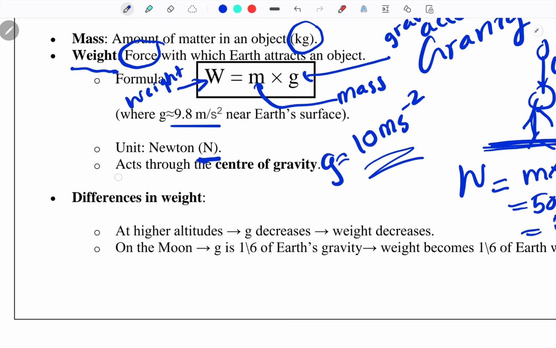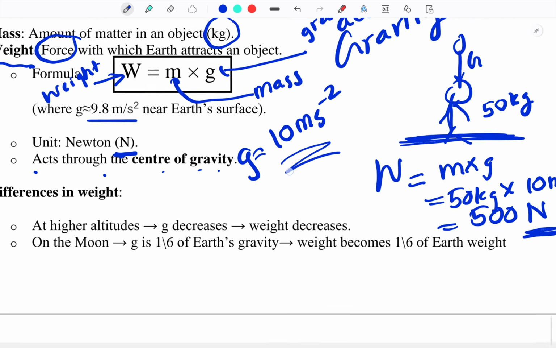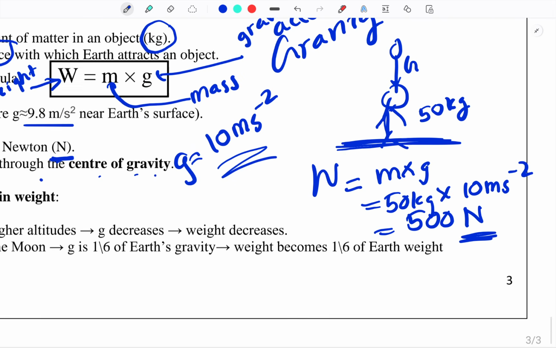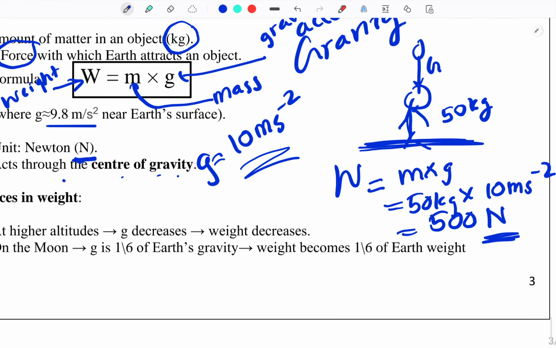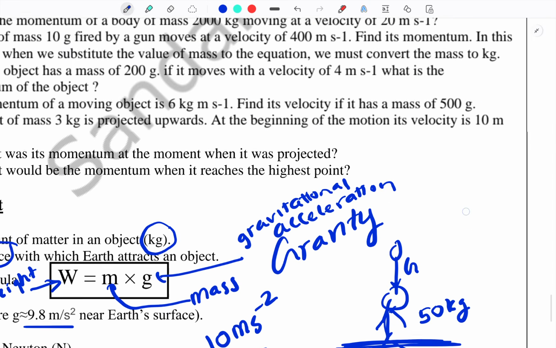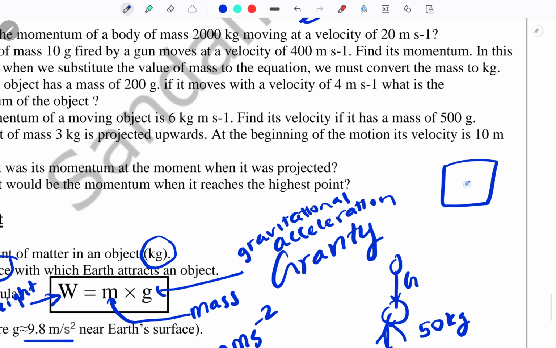And it also acts through the center of gravity. We know the center of gravity is the point through which the gravity acts. Think about a symmetrical object like a box. You can easily find this center, right? Inside the middle you can see the center, this is the center of gravity, where the gravity acts, usually the center.